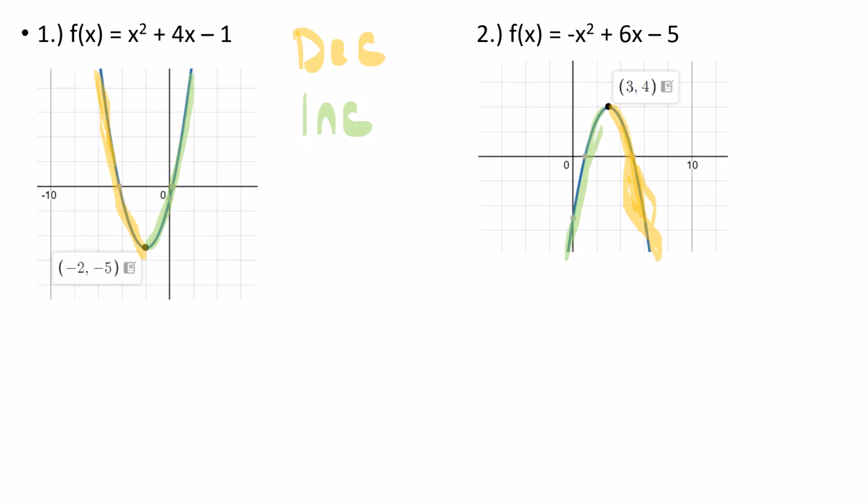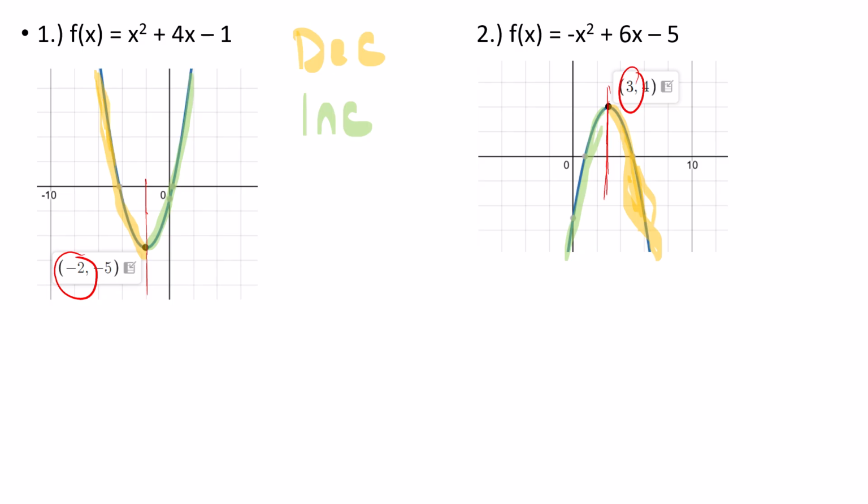So in this one, the decreasing interval, if we look at where we are, remember we're looking at that x coordinate, all right? And what I did in Desmos before I screenshot this was I made sure I clicked on the vertex so we could see that x coordinate clearly.